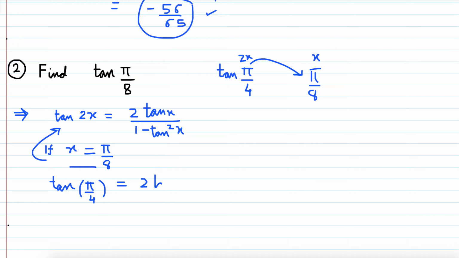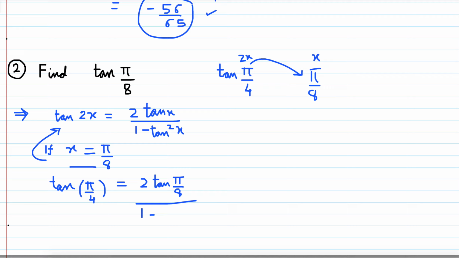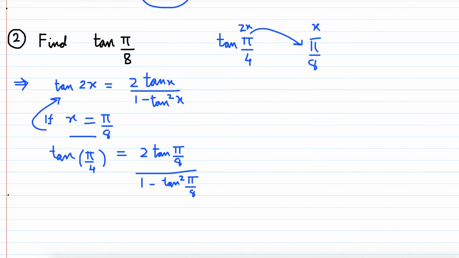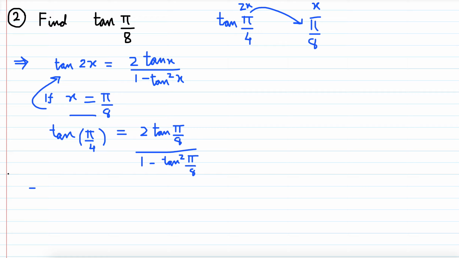X is pi by 8, divided by 1 minus tan square pi by 8. So tan pi by 4 is 1.